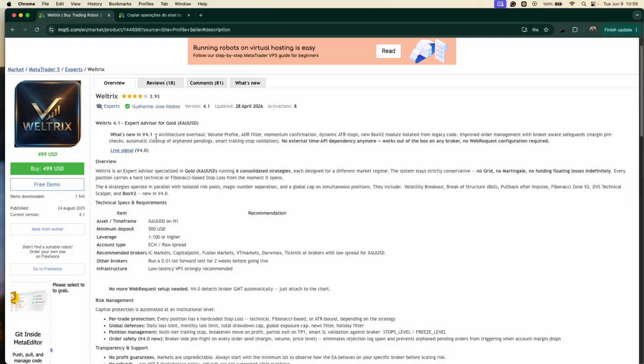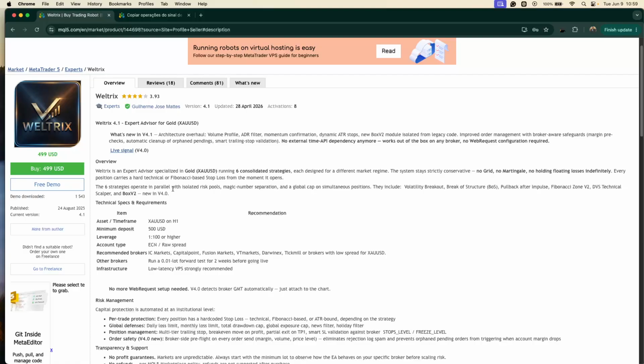Now, from the developer page, Weltrix uses 6 consolidated strategies, and they work in parallel on XAUUSD on the 1 hour time frame. We have the volatility breakout, the break-of-structure, the pullback after impulse, the Fibonacci zone V2, and the DVS technical scalper.